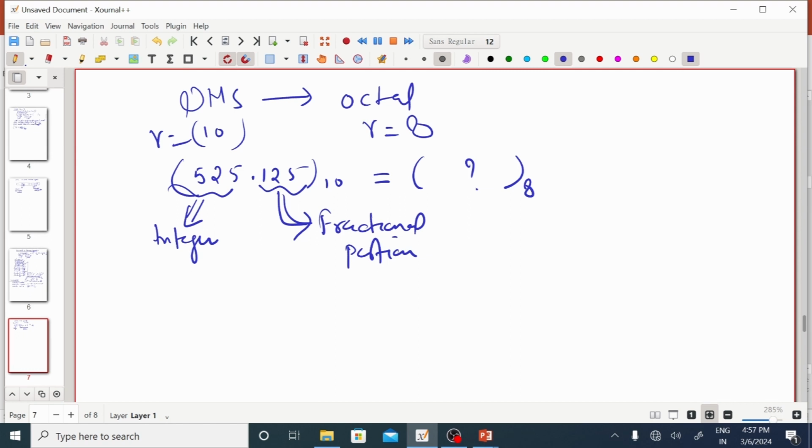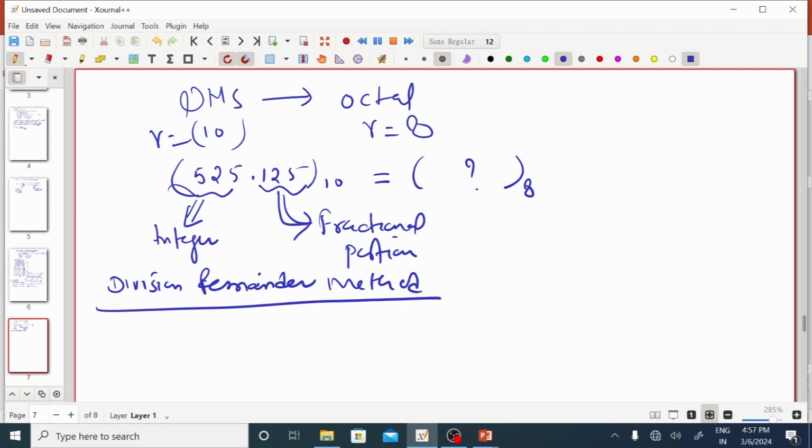To convert this integer into the equivalent octal number system, we use the division remainder method, and the process is the same as we use to convert a decimal number to the binary number system.